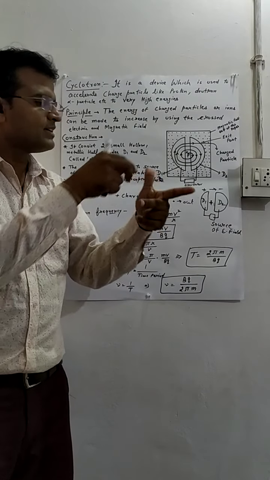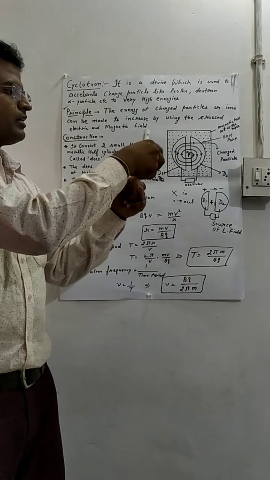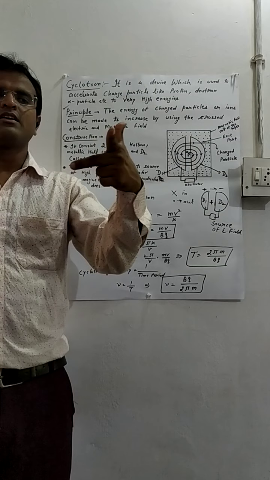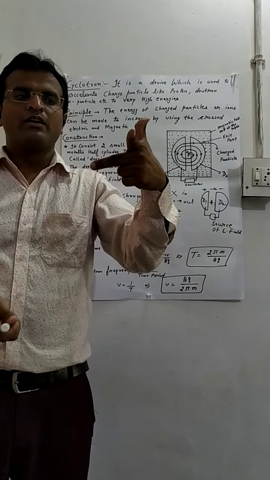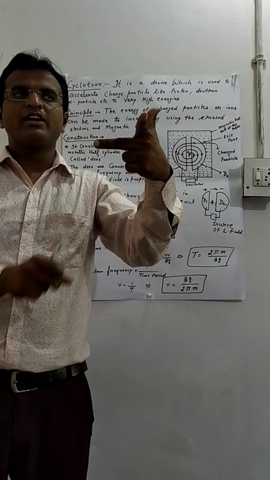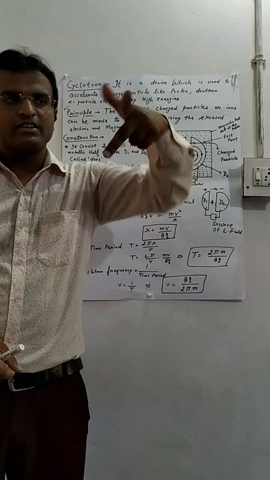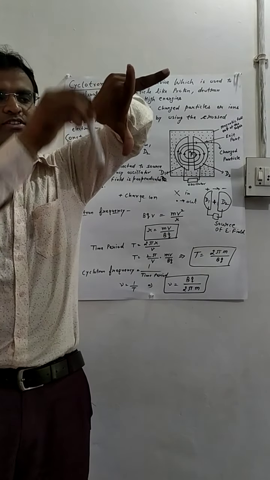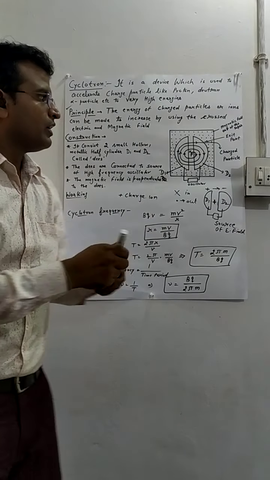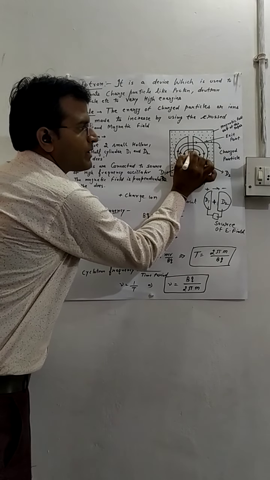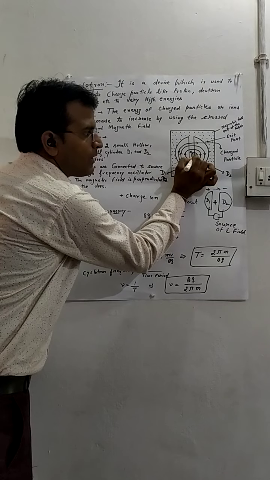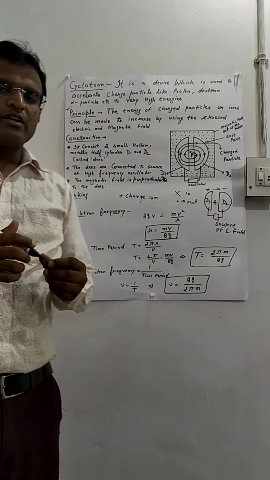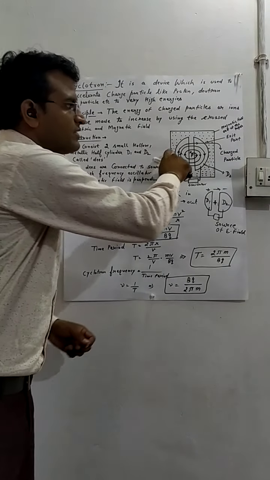In this case, the magnetic field is out of the paper, and the force is downward. So the charged particle moves in a circular path, but its speed remains constant inside the D.